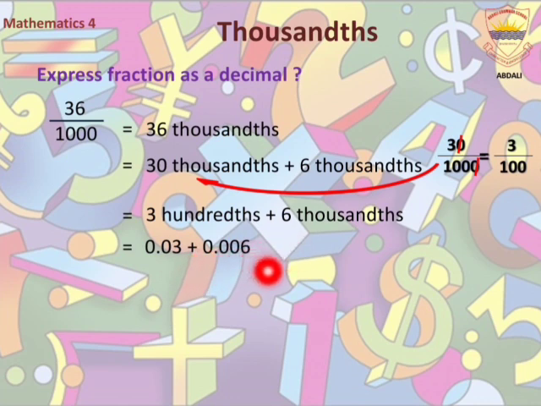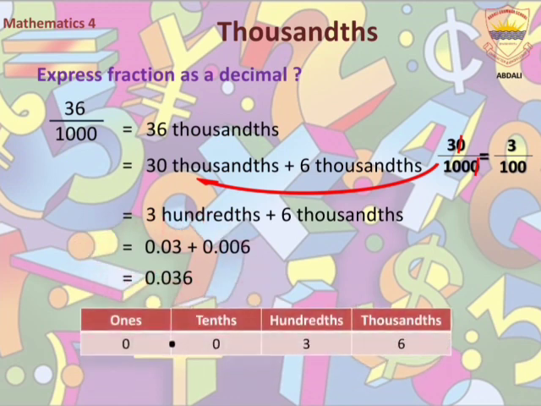Now after we write the digit values, we follow our third step. In the third step, we add the digit values. When we add, we get 0.036. Now students, let's follow our last step. In the last step, we put it in a place value chart.